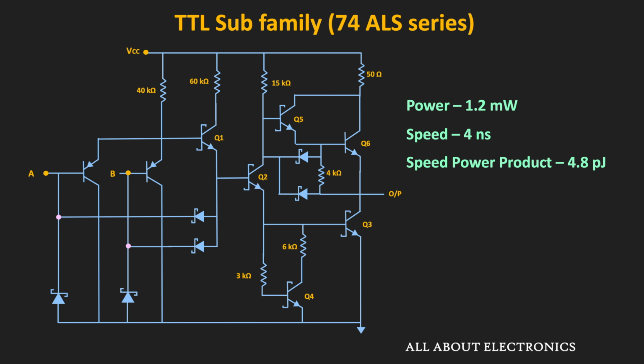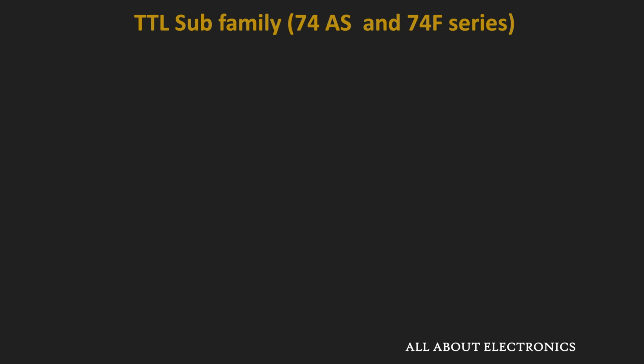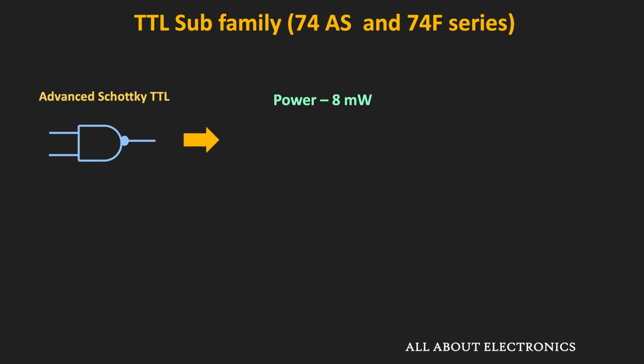So after the 74ALS series, the 74AS and the 74F series came. So these versions are basically a faster version of the 74ALS series, which mainly focuses on the speed of the TTL gates. So here, this AS stands for the advanced Schottky TTL logic. So in this version, the typical power consumption is around 8 milliwatt, but the speed of the logic gate is around 1.7 nanosecond, and it is fastest among all the TTL versions.